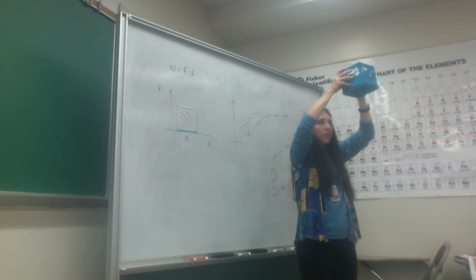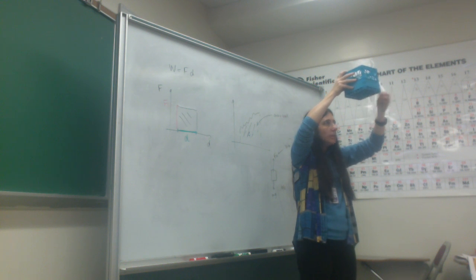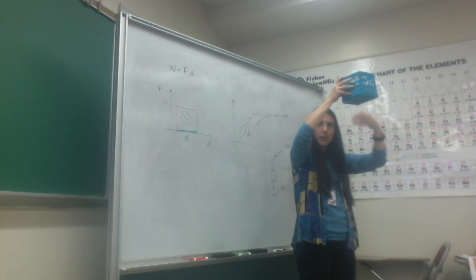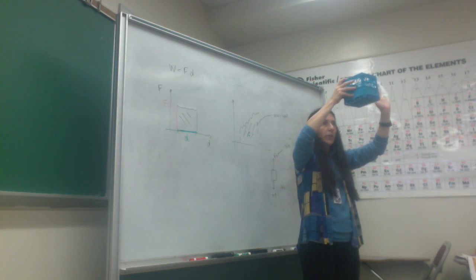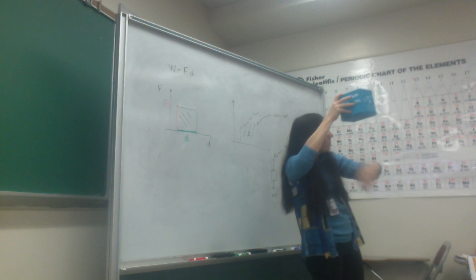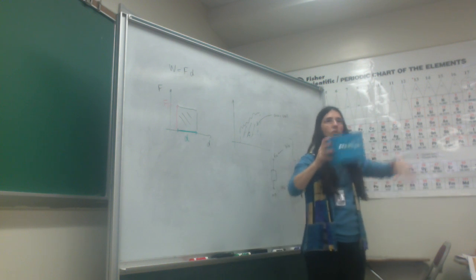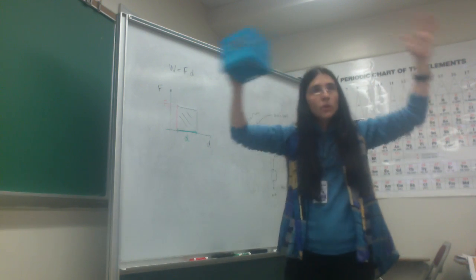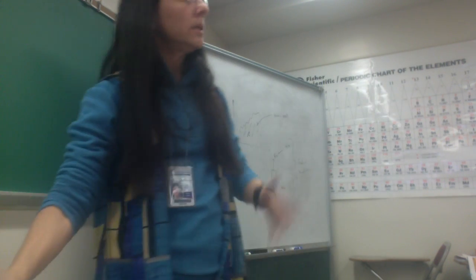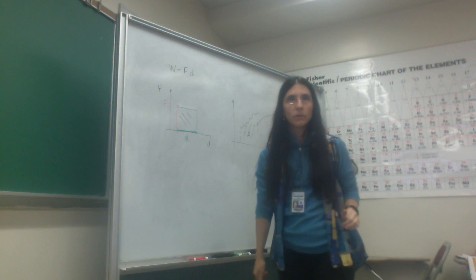So this gravitational potential energy will start getting smaller and smaller. Will it disappear? It will be transformed into kinetic. So there is always this transformation from one kind of energy to the other. The sum of all the energies involved is what we say is conserved.